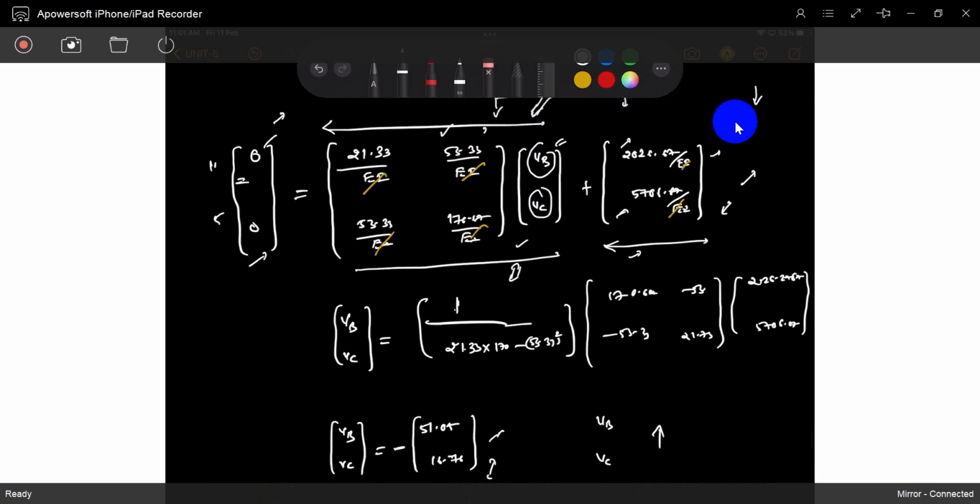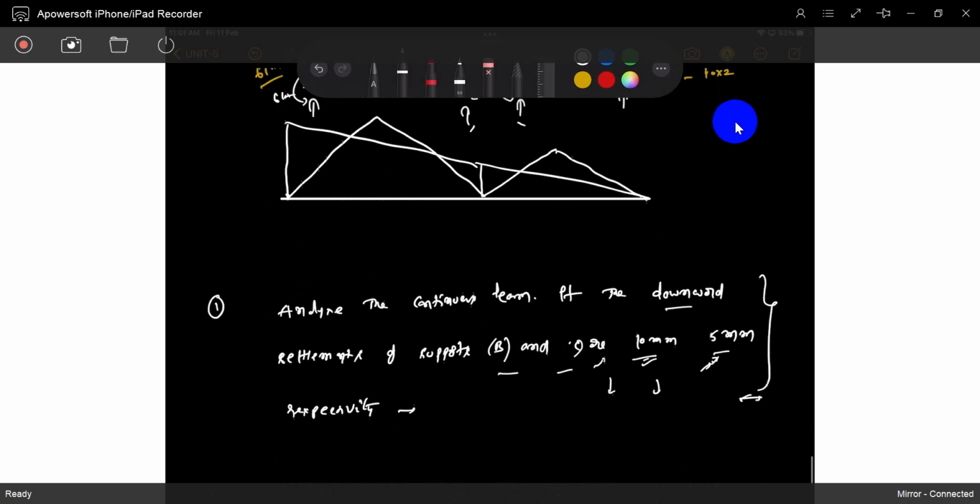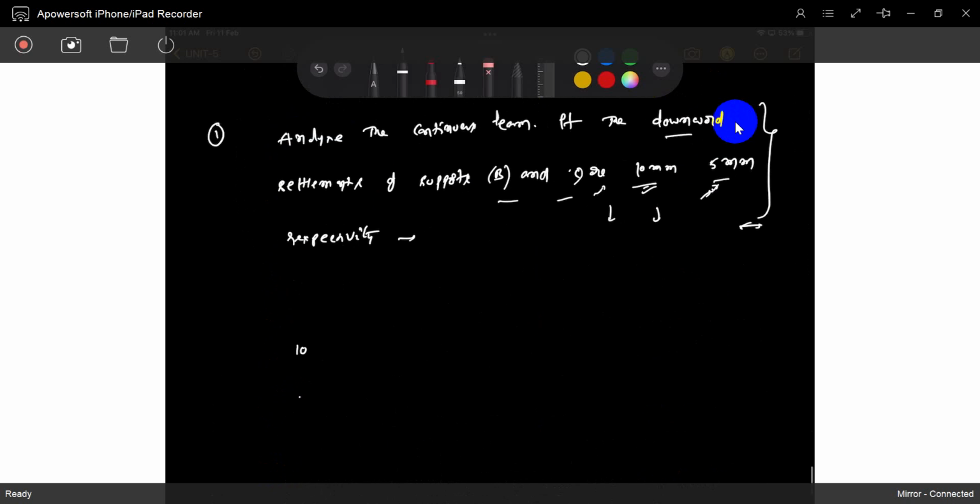So you just add, this is a 10 and this is a 5. Downward is positive, you have to take it as positive. That's it. So do the same. Are understood? Do the same thing up to this, and you have to write down like this: 10 and 5.